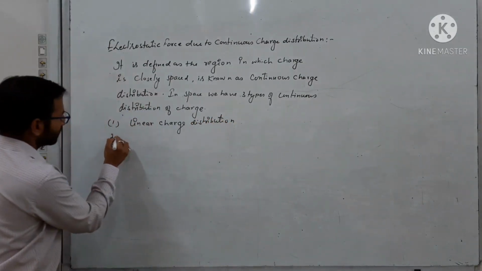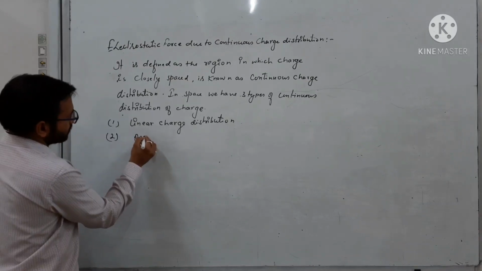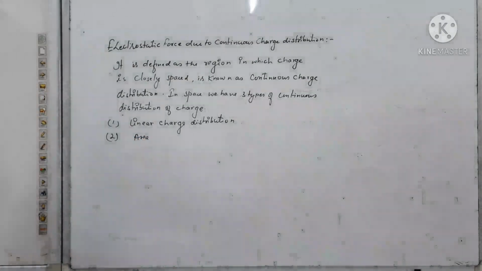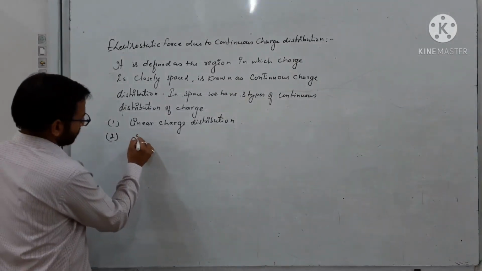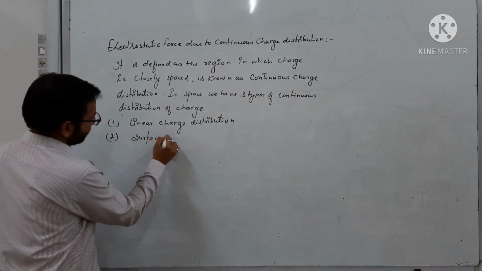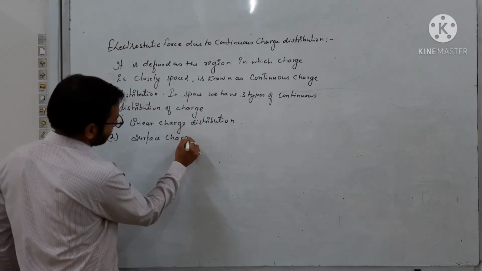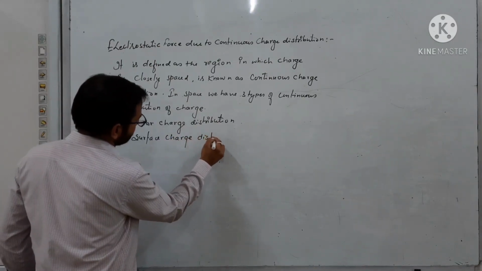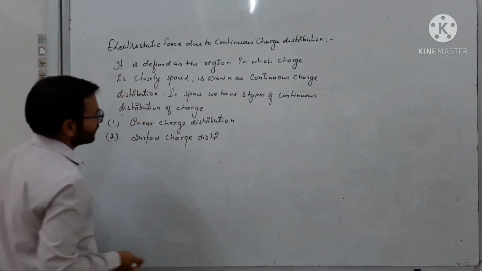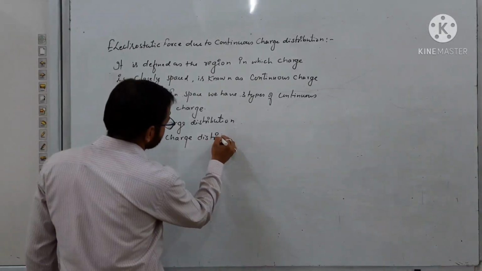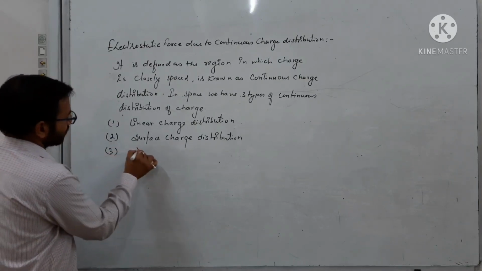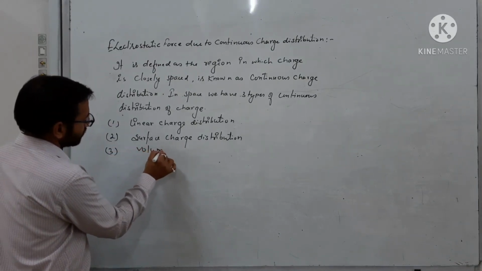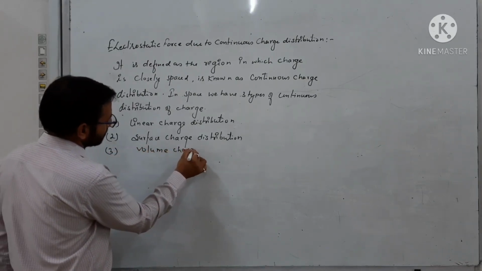Second is area charge distribution, or we can say surface charge distribution, meaning distribution of charge along the surface. And third, we can say, volume charge distribution.